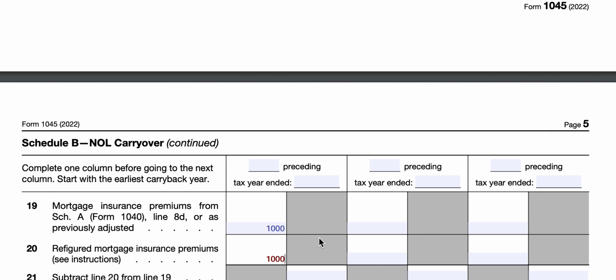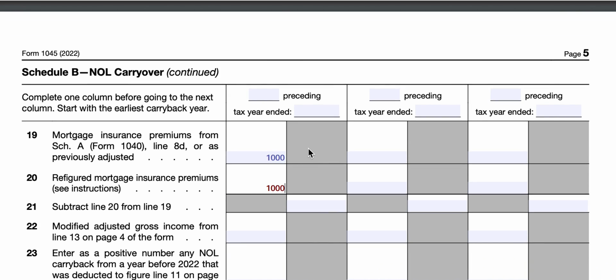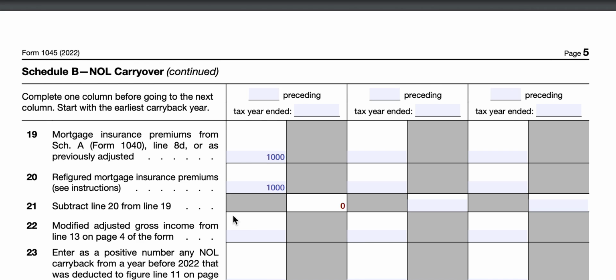So, long story short, if your modified adjusted gross income is $100,000 or more, or $50,000 for separate filers, you may need to use an additional worksheet to recalculate this. But since we did not, we're now subtracting line 20 from line 19, resulting in 0.